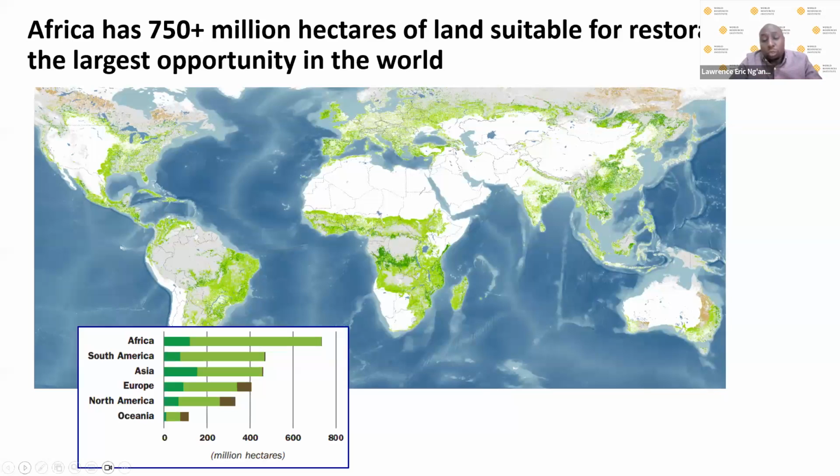And this, of course, has led to many other challenges, such as food insecurity, loss of biodiversity, and resource conflicts across the different countries. On the other hand, Africa has the biggest opportunity in the world, with over 750 million hectares of land available for restoration.